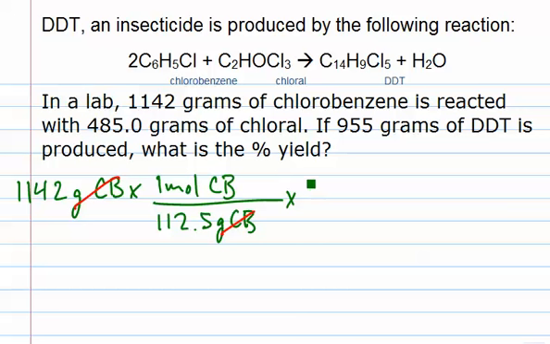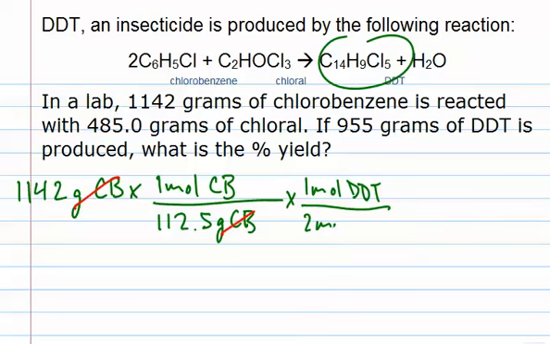Okay, so we will convert 1 mole of DDT, which is this guy. 1 mole of that is produced from the reaction of 2 moles of our chlorobenzene. Okay, and finally we are going to convert from moles of DDT to grams of DDT. So again, we need the molar mass.